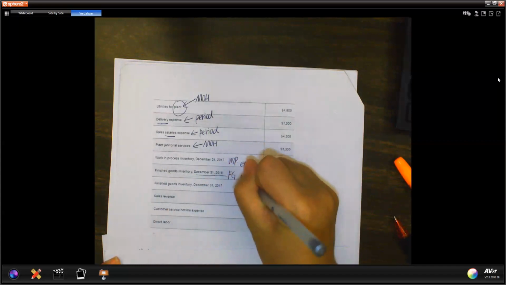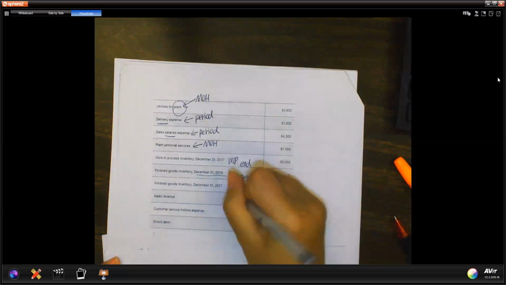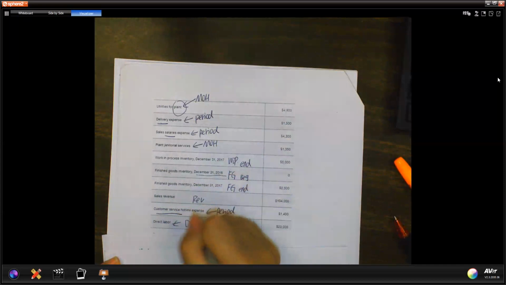And then last year's ending is this year's beginning. So you have finished goods beginning inventory, and finished goods at the end of this year. This is your revenue. Customer service is your period cost. This is your direct labor.